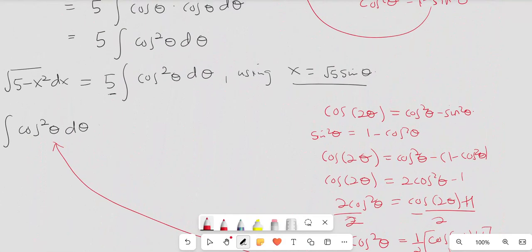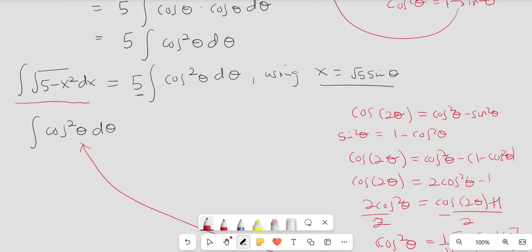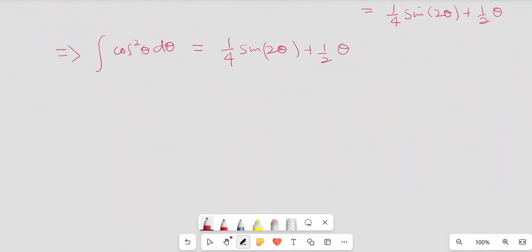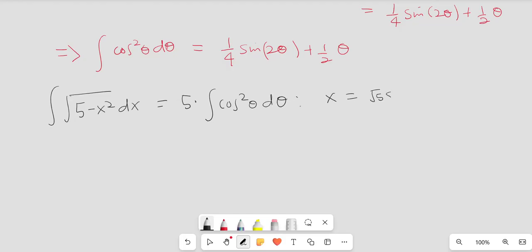Our original integral, the integral of the square root of 5 minus x squared dx, was equal to 5 times the integral of cosine squared theta d theta. This is by using the substitution x is equal to the square root of 5 sine theta.